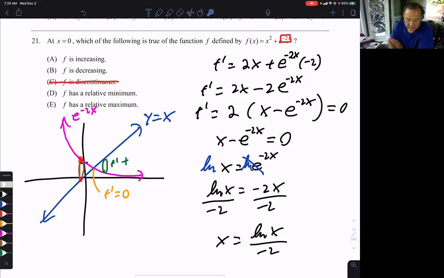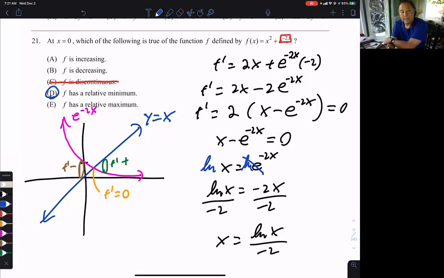That's going to be negative because you're taking a smaller number and subtracting a bigger number. So we know f prime is going to be negative there. Now this is kind of weird, but the derivative is negative over here, positive over here, and 0 here. So the derivative changes from negative to positive at that point, giving you a relative minimum. So the answer is going to be D.